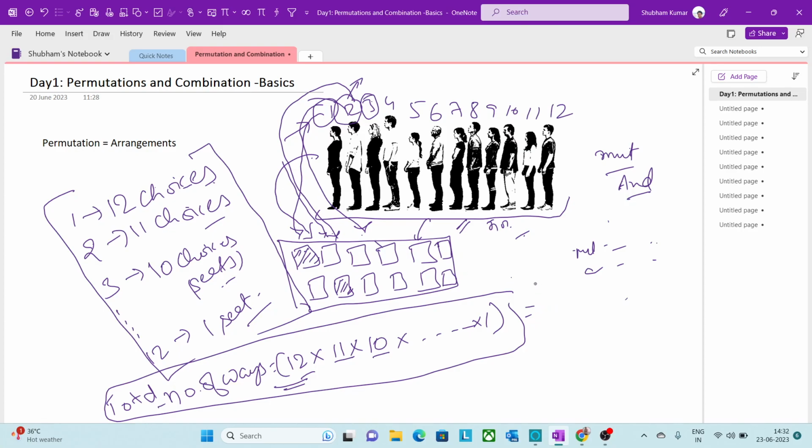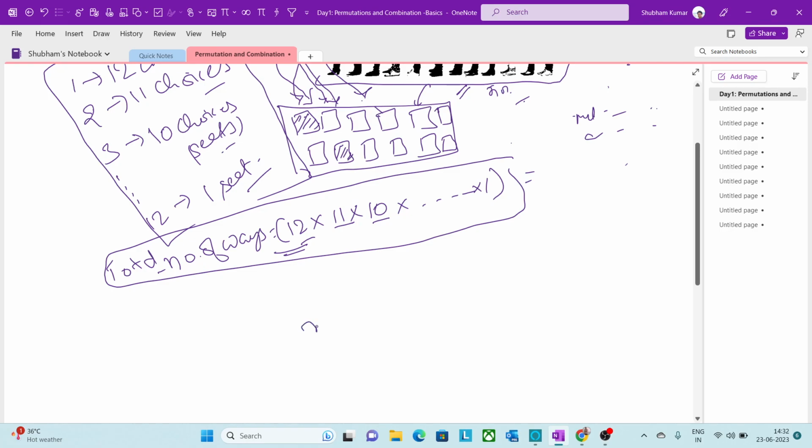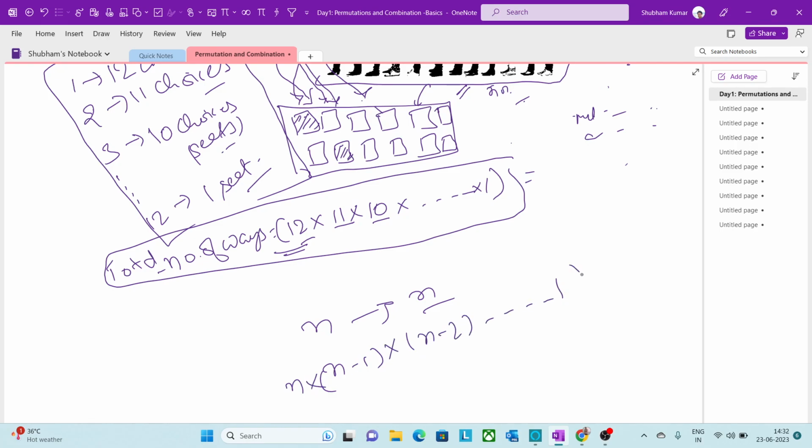So if we have n countable persons occupying n seats in a bus, then the same thing can be denoted as n into n minus 1 into n minus 2 up till 1. This will give you the number of ways.